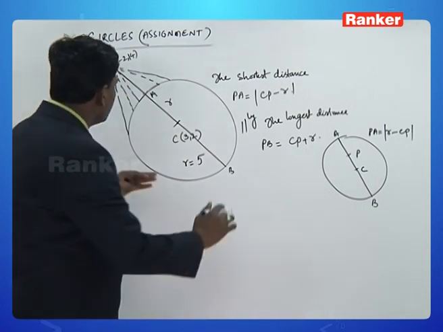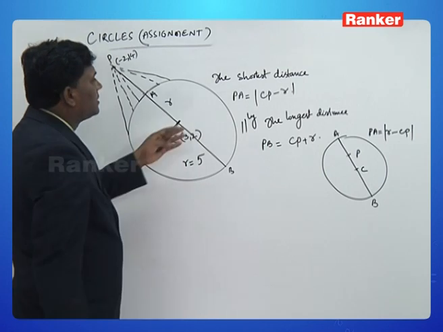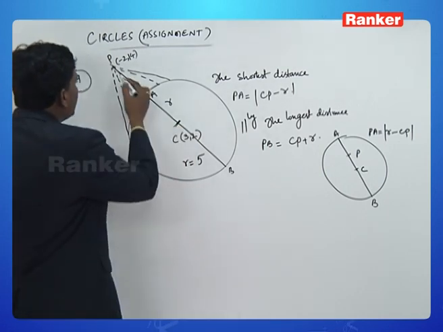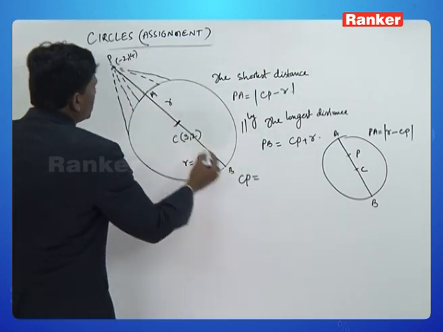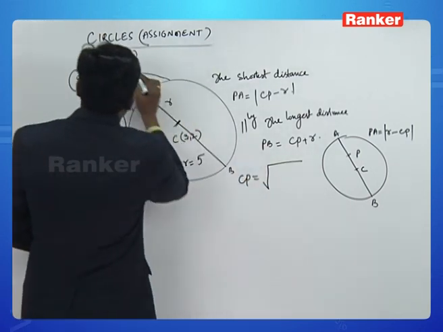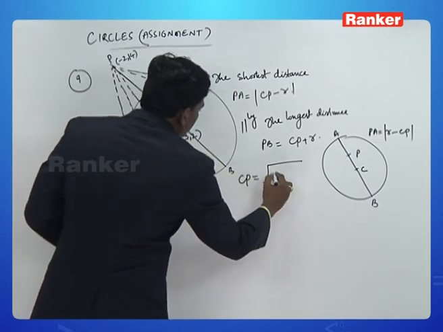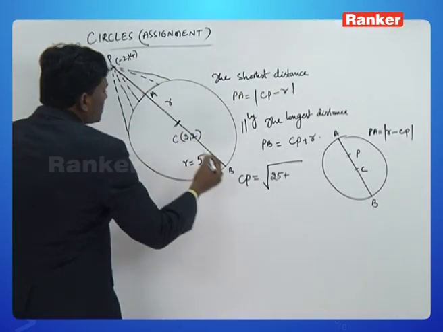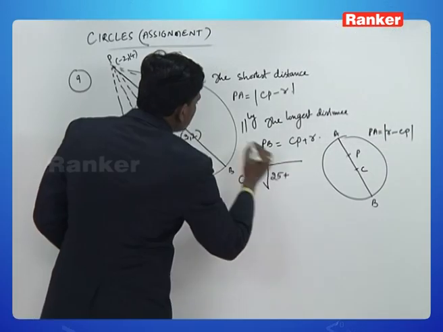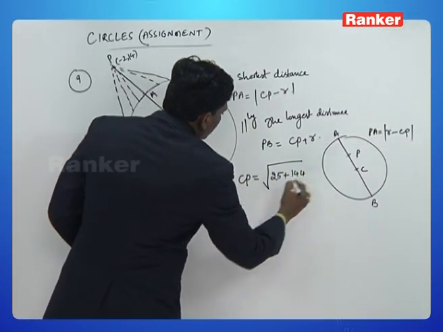So here coming to this case, the shortest distance is CP minus R. In this problem, CP equals the square root of (-2 minus 3) squared, that is 25, plus (14 minus 2) squared, that is 144.